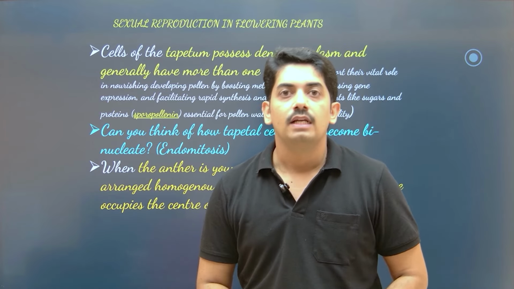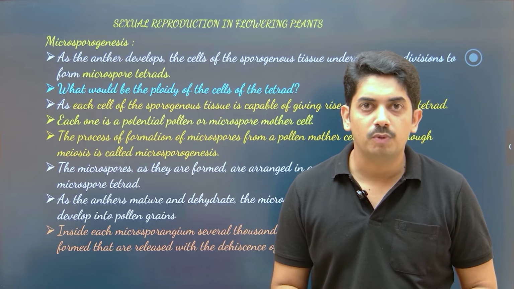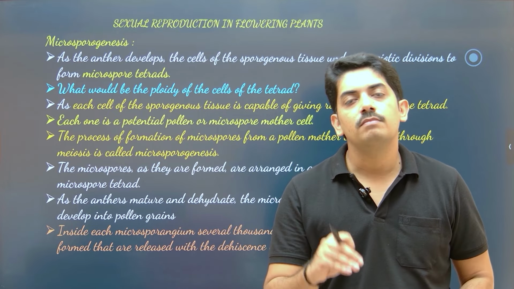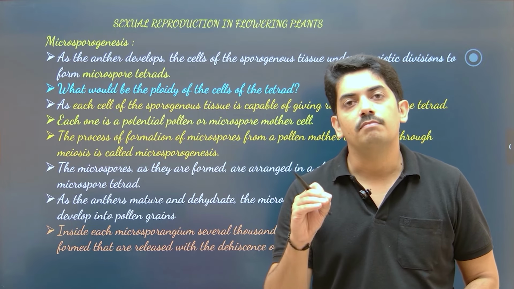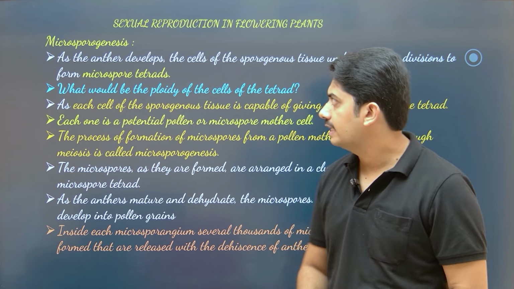Why are they specialized cells? Because these sporogenous tissues, during the time of microsporogenesis, become microspore mother cells or pollen mother cells and help in the formation of pollen grains. Is it clear?